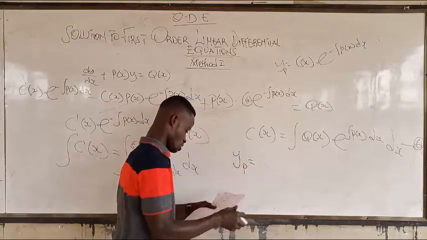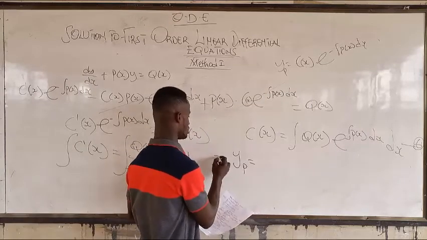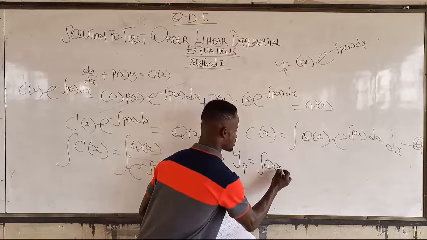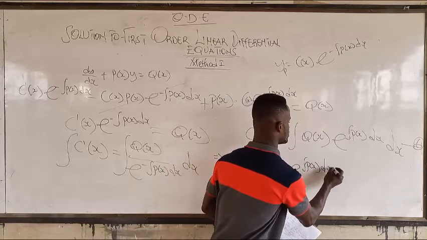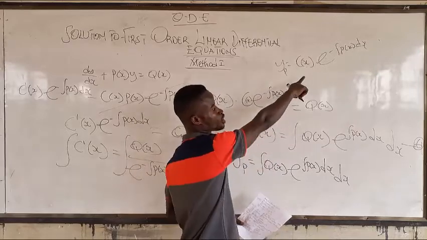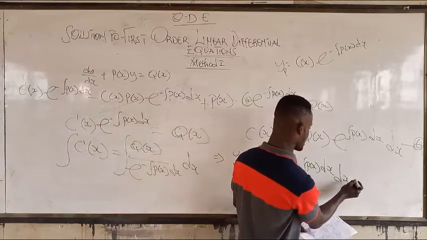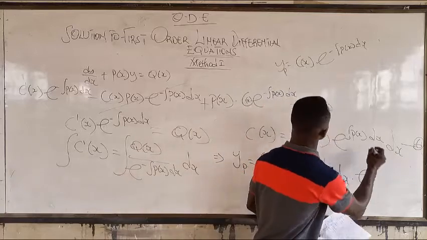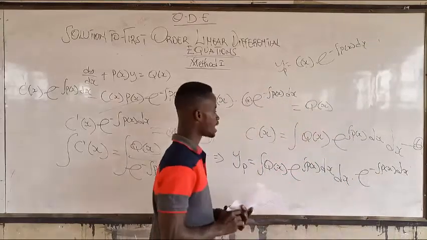Therefore, y of p, by substitution, is going to be equal to the integral of Q of S e raised to the power P of S dx and the whole of the dx, and that is multiplying e raised to the power negative P of S ds. So that is multiplying that.